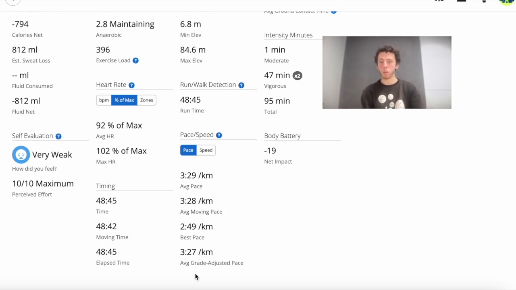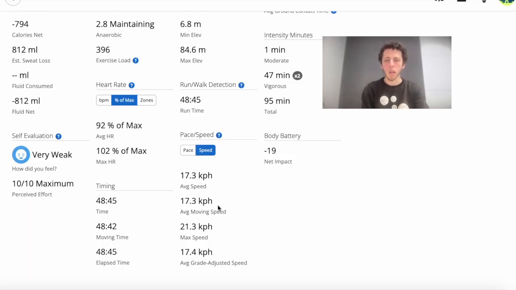And this course was a very hilly course, so having a grade adjusted pace is beneficial in this particular case when you have a lot of hills in a course. So if we switch this to the speed, we can see the average pace of about 3:29 to 3:27, depending on the grade adjusted pace.